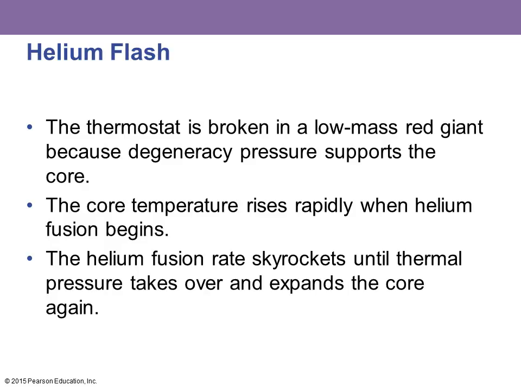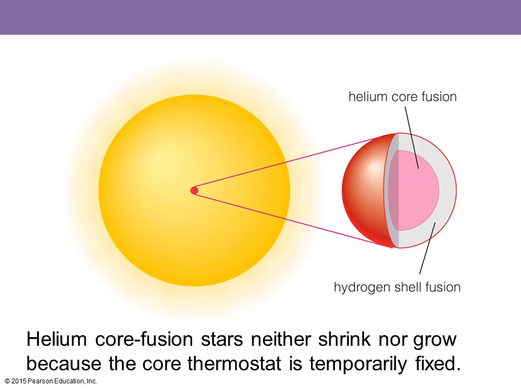So the thermostat's broken in a low-mass red giant because degeneracy pressure supports the core. The core temperature rises rapidly, helium fusion begins. And then the helium fusion rate skyrockets until the thermal pressure takes over and expands the core again. So the star is fluctuating because of this increased amount of helium in the star.